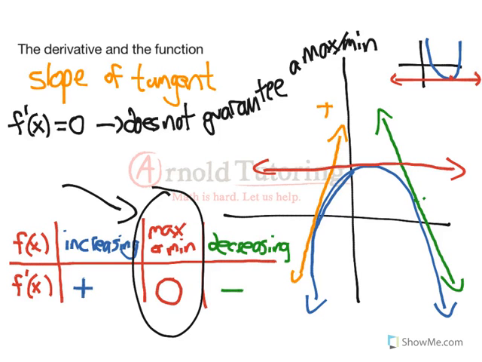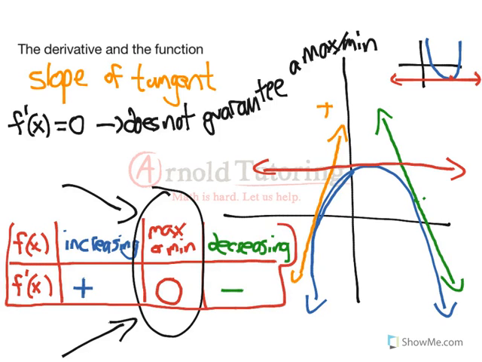So if you find the max and the min, and it's differentiable at that point, then the derivative has to be 0 at that point. If we can keep this table in mind, the relationship between f prime of x and f of x, what the derivative tells us about the function and what the function tells us about the derivative, that's going to make everything we do further in this course much, much easier.